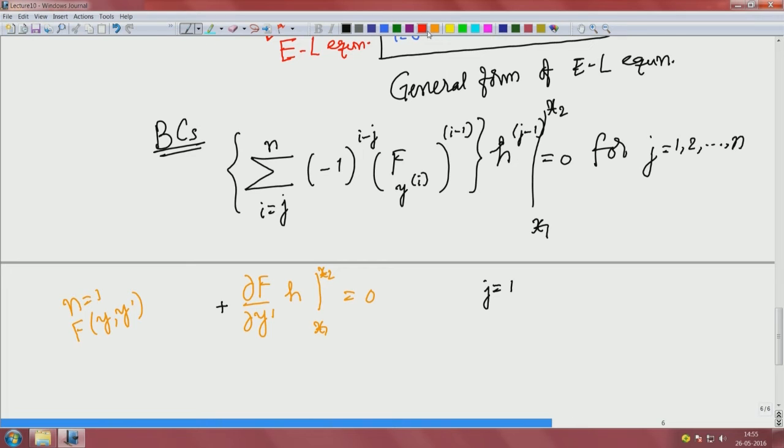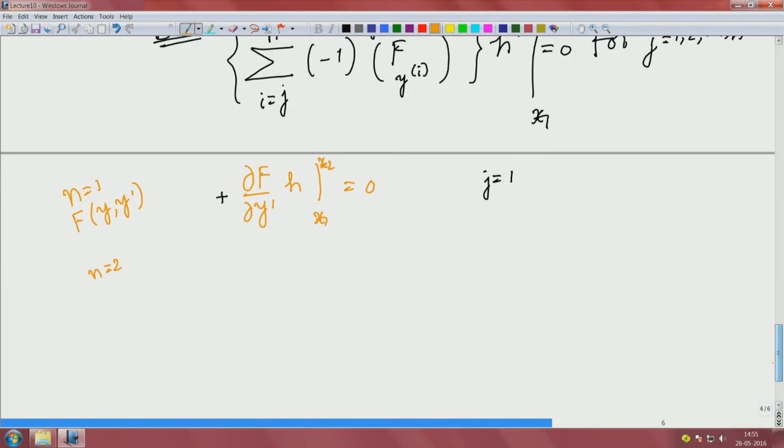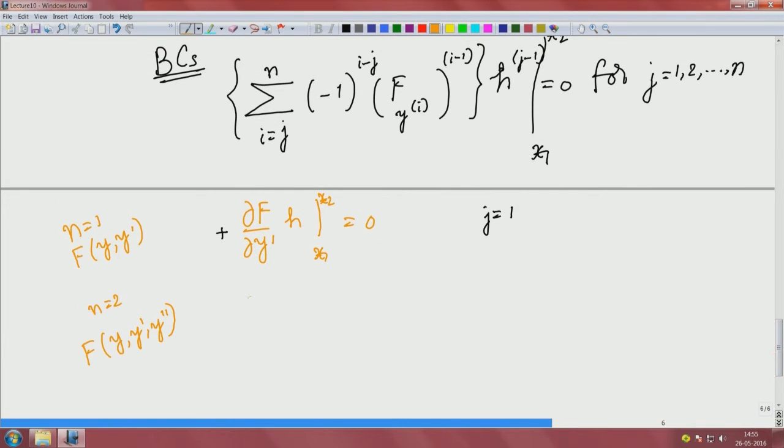Now, if n is equal to 2, you can verify this, then I have f of y, y prime and y double prime. Then if we recall, we had dou f by dou y prime minus d by dx of dou f by dou y double prime, multiplied by h at x1 and x2, equal to 0.